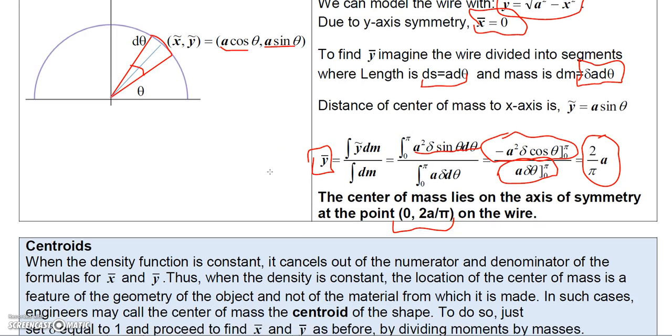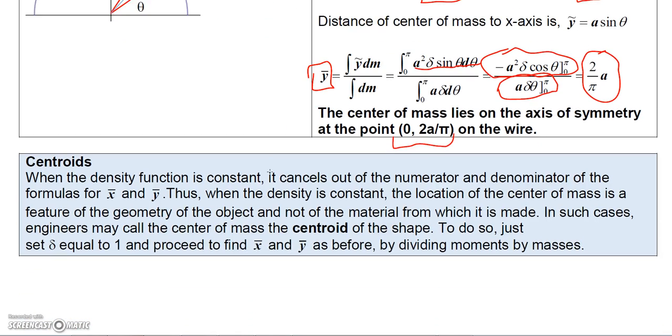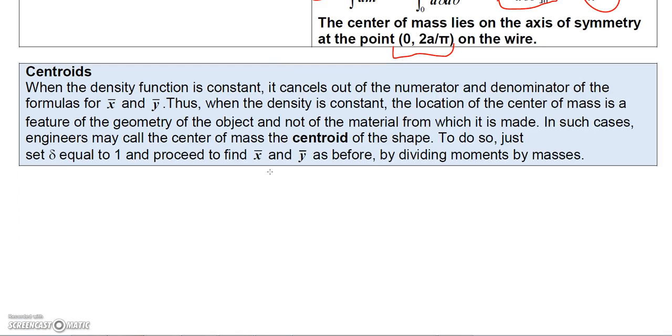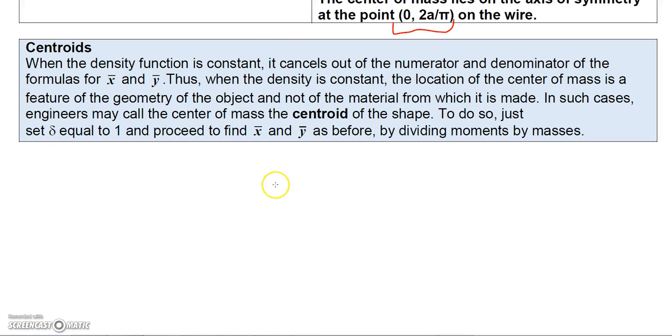Okay, I'm going to leave you with this last paragraph, and I'll read it to you here. It talks about centroids. When the density function is constant, it cancels out of the numerator and denominator in the formulas for x bar and y bar. Thus, when the density is constant, the location of the center of mass is a feature of the geometry of the object and not of the material from which it's made.